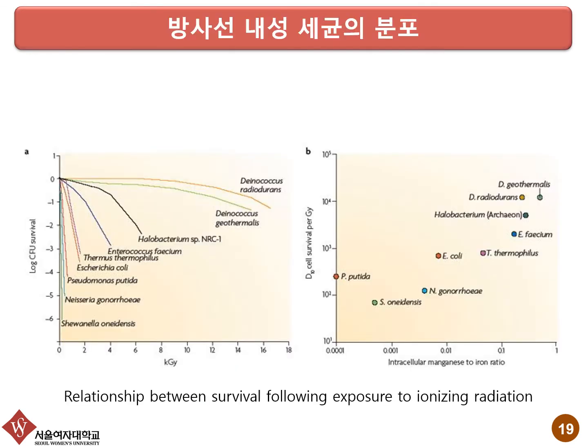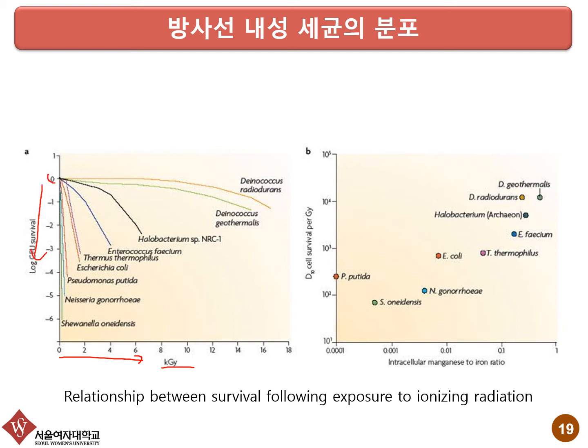So you can compare the relationship between the survival and the exposure to ionizing radiation in this figure. The first figure shows the gamma radiation intensities from 0 to 18 kilogray and the log survival ratio.